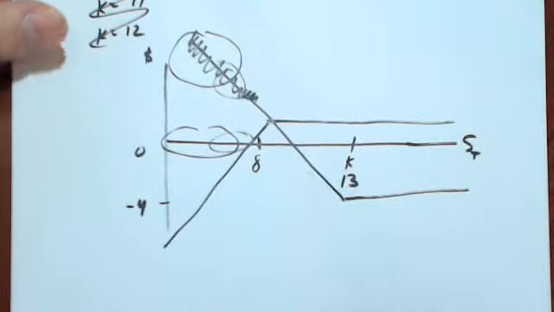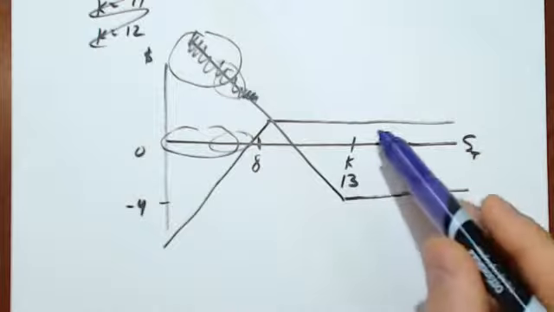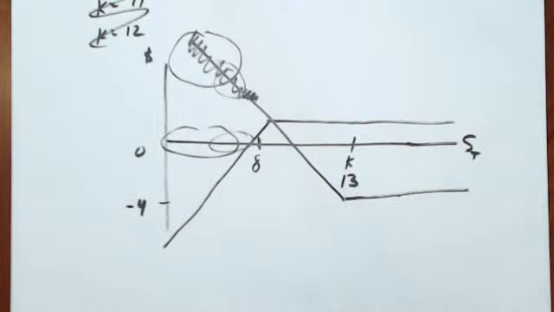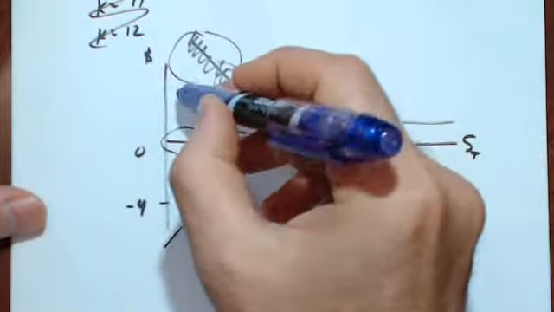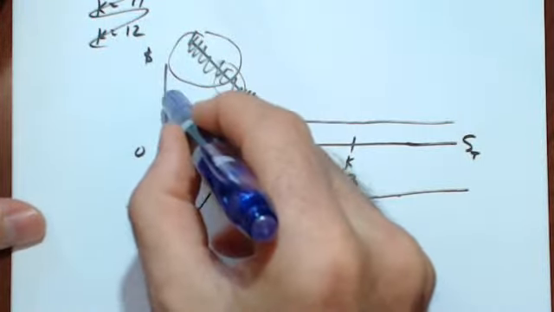For a profit. So what we're going to have is a long put and a short put, two different strikes, and the profit is going to look something like this. See if I can draw it right.